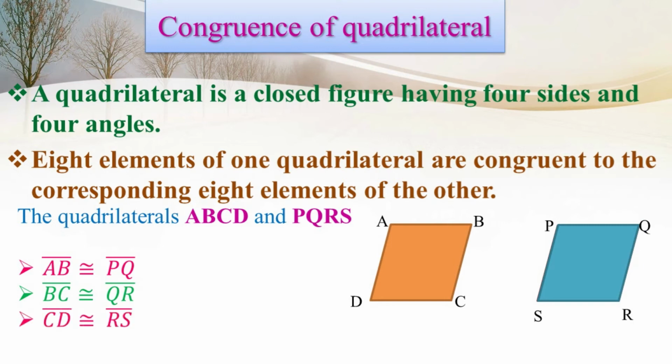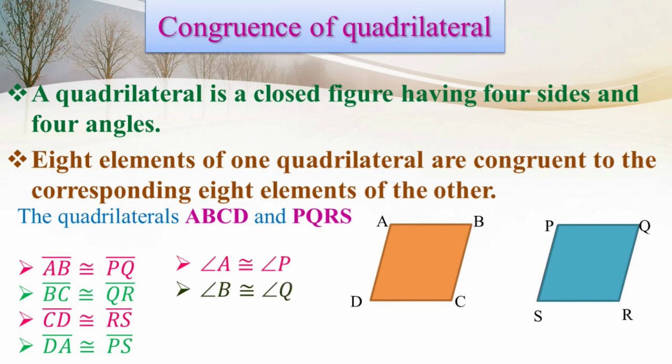Likewise, side BC is congruent to side QR of the other quadrilateral, side CD is congruent to side RS, and finally side DA is congruent to side PS. These are the 4 elements. What are the next 4 elements?